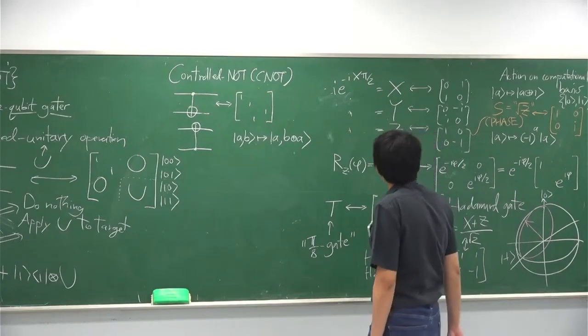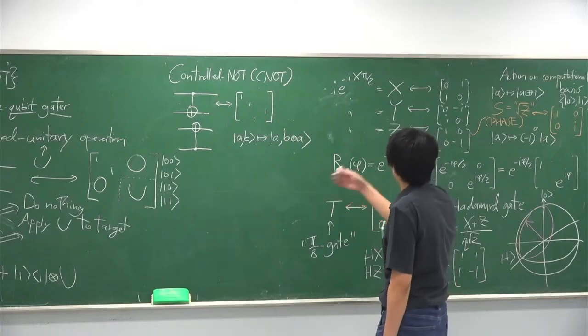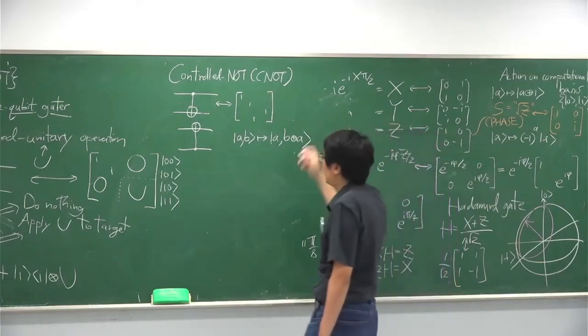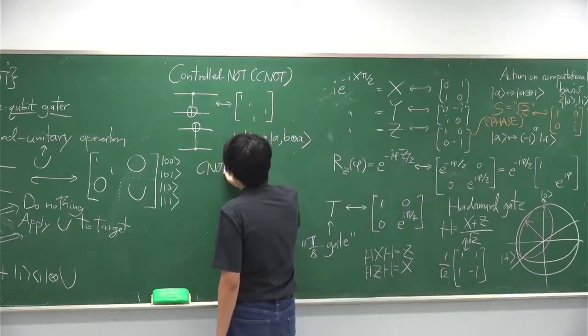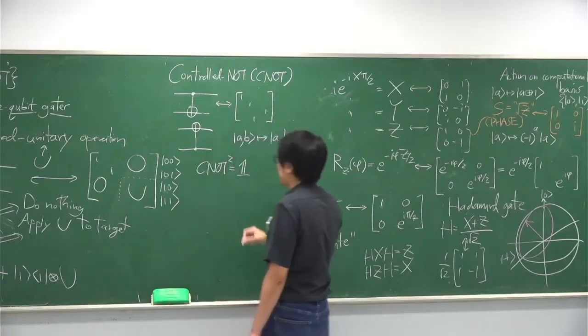We can think about the inverse as well, but here it's obvious because X squared is the identity, so C not squared is the identity as well.